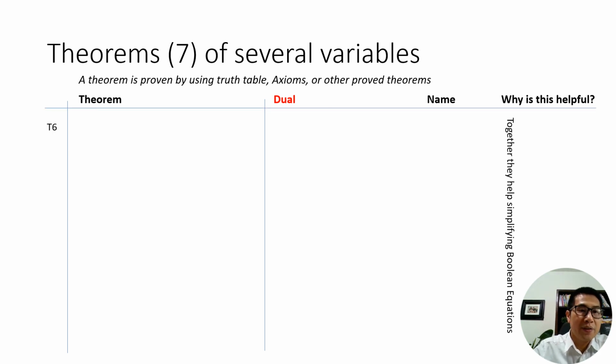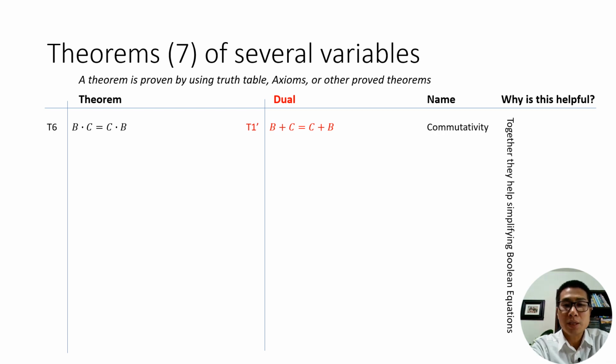So we have theorem T6: B and C is the same as C and B, so the order of the operands is not important, or B or C is the same as C or B. This one is called commutativity.